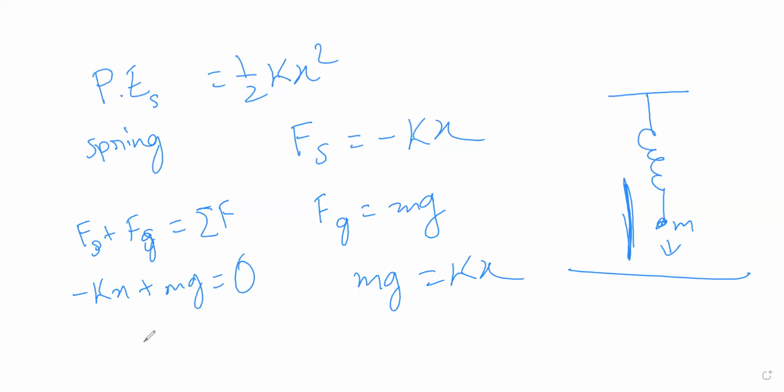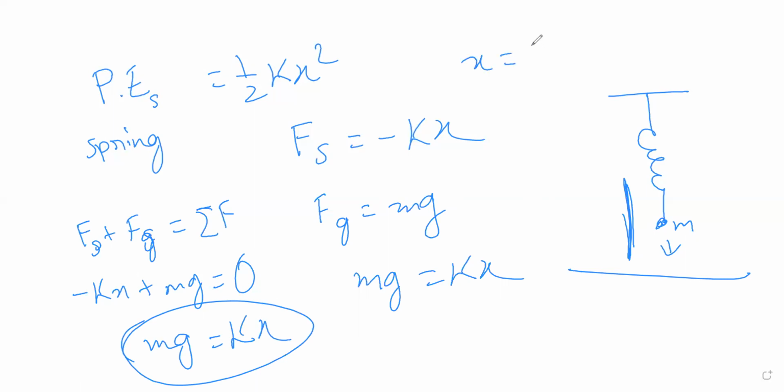And the net force is 0. So mg equals kx if we change the side. This formula is important for some problems. If our spring constant and mass are given, what is the distance x? x equals mg over k. If we are asked to calculate the spring constant, with mass and displacement x given, it will be mg over x.